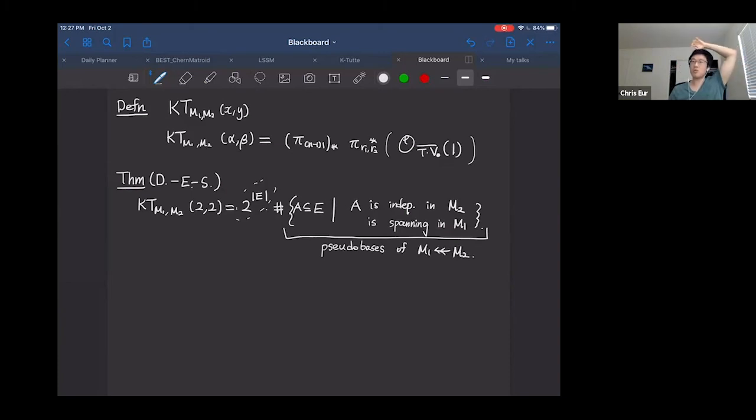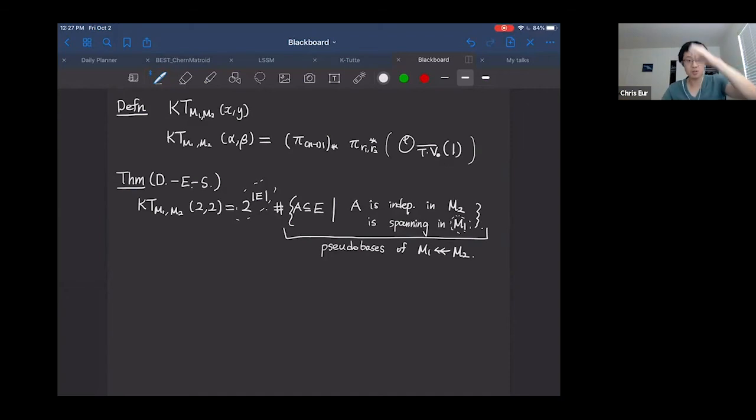So these were considered before, and if M1 here is just the empty matroid, where the empty set is the only independent subset, this counts the independent subsets. If M1 equals M2, this is the basis. So this is how it generalizes the notion of basis for morphisms.